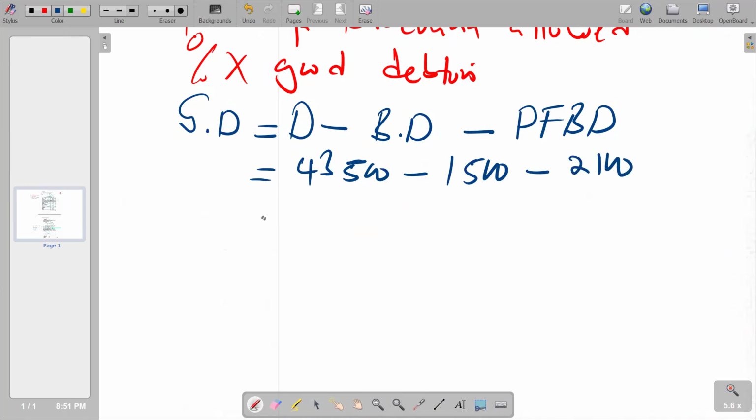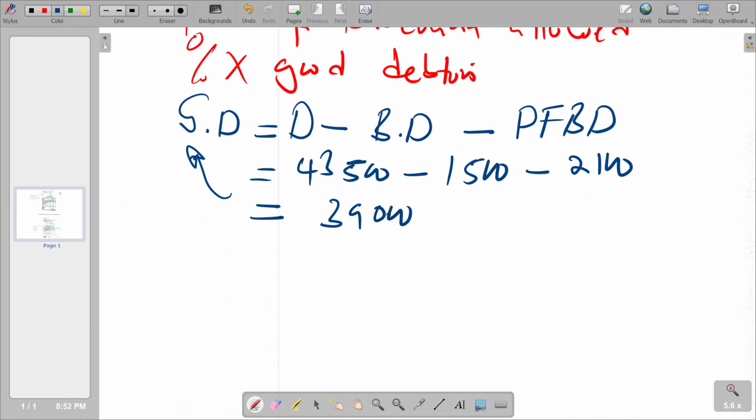So we find the figure for our good debtors. Let's just try to make that calculation: 43,500, we subtract 1,500, and then we subtract again 2,100, and we get 39,900.